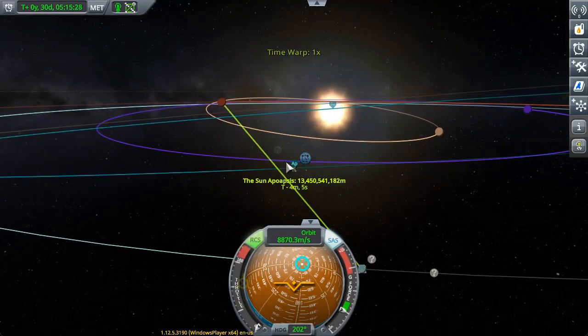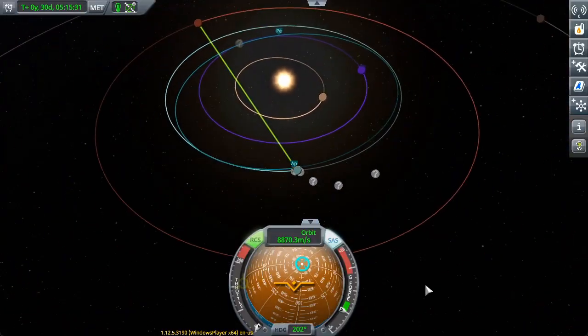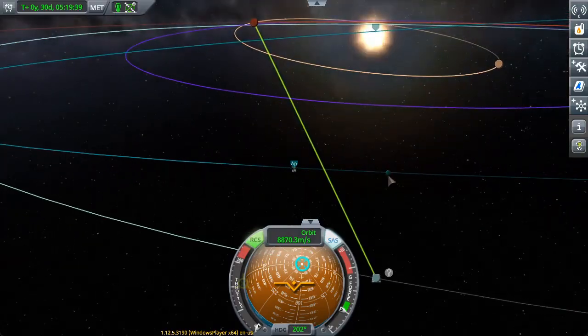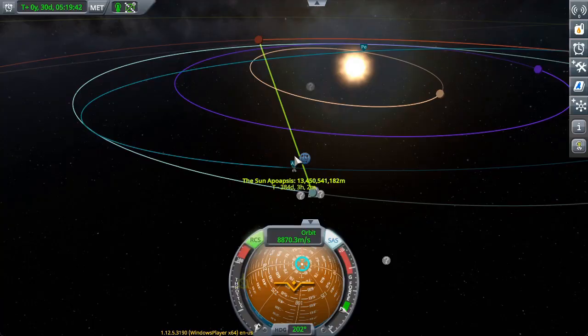Now I just need to get a little bit past the apoapsis. And then how much time does it take? Wait, no, I already have the... Wait, what am I even calculating? Oh, I'm trying to calculate Bill Kerman's stuff. Wait, no, I can just calculate the Kerbal year.